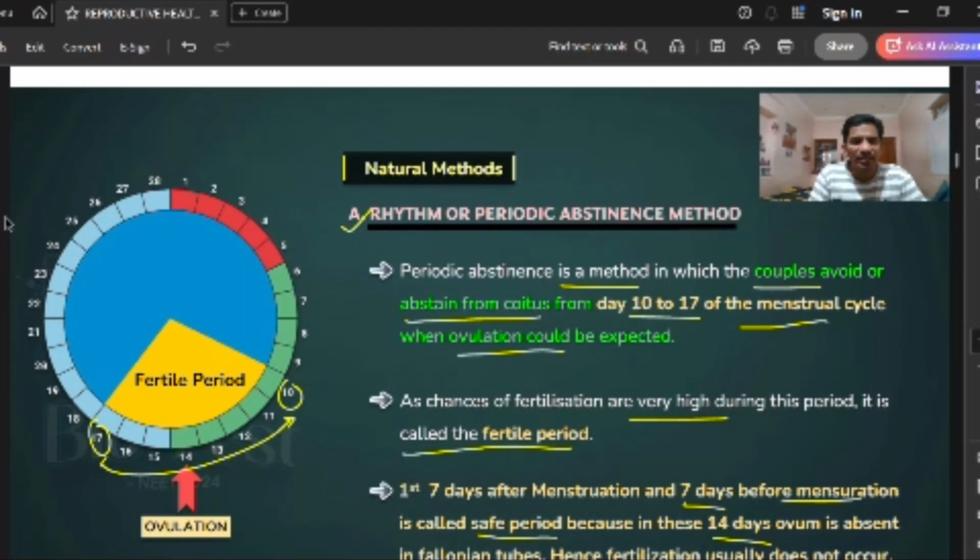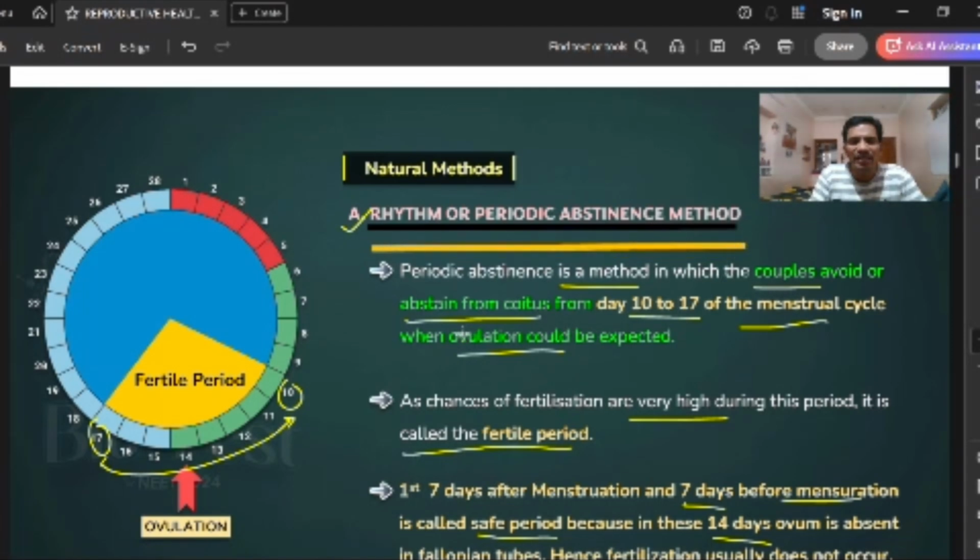In this, the couple doesn't need any contraceptive device, but they can easily prevent conception, right? What is periodic abstinence? It is also called the calendar method. By seeing the calendar, they can decide when intercourse should be avoided.